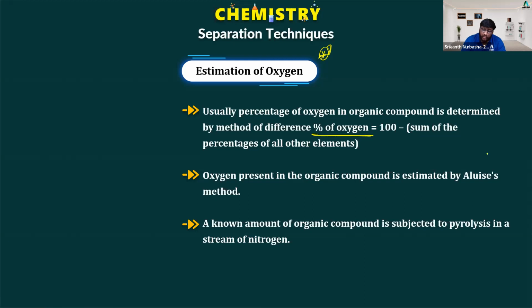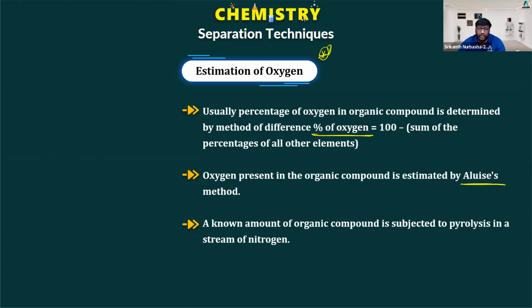Oxygen present in the organic compound is estimated by Aluise's method. A known amount of organic compound is subjected to pyrolysis in a stream of nitrogen. What happens whenever you heat the compound? The mixture you get will contain oxygen, because when the organic compound is heated, oxygen is evolved.